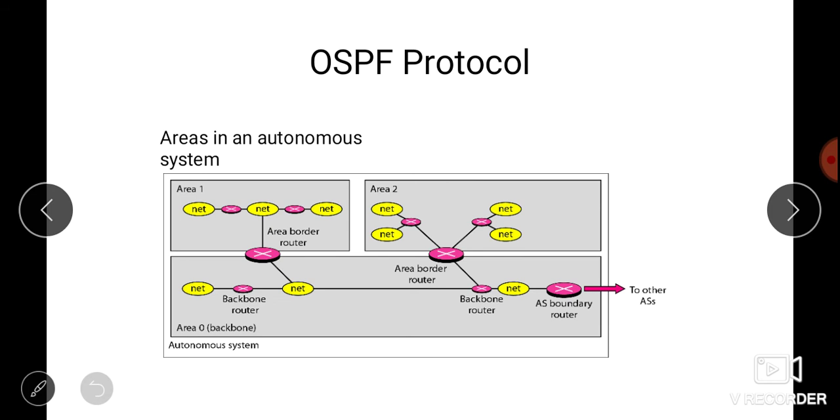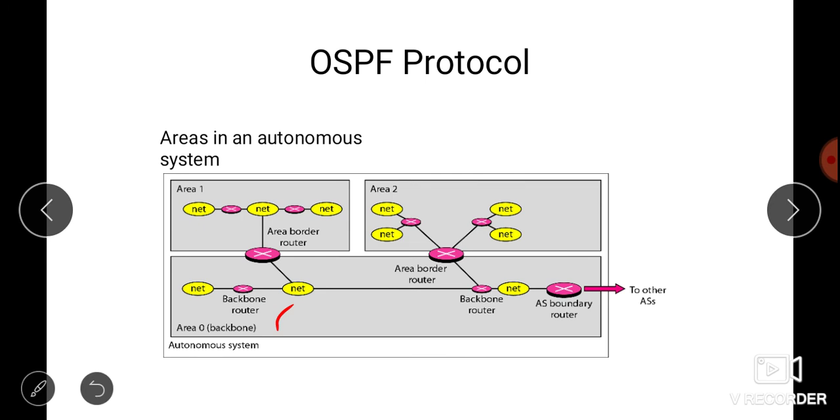Routers inside an area flood the area with routing information. At the border of an area, we have special routers known as area border routers. Among the areas inside an autonomous system, there is a special area known as the backbone. The backbone serves as the primary area and other areas as secondary areas.